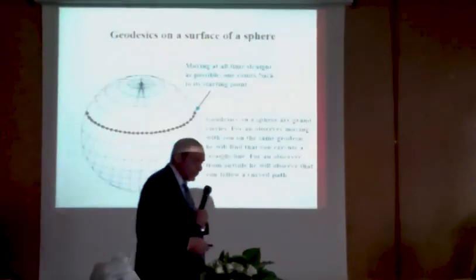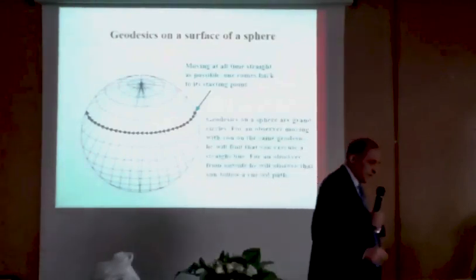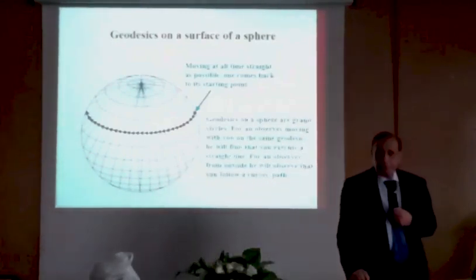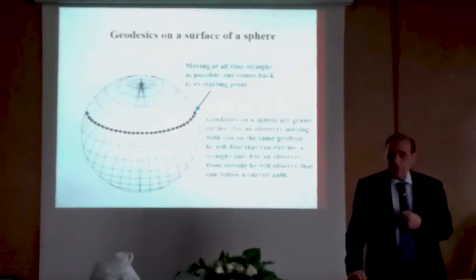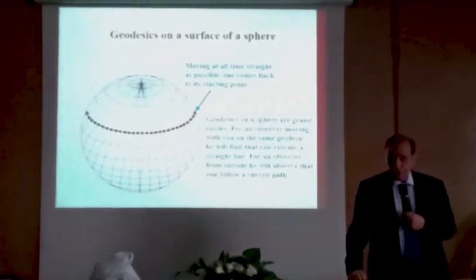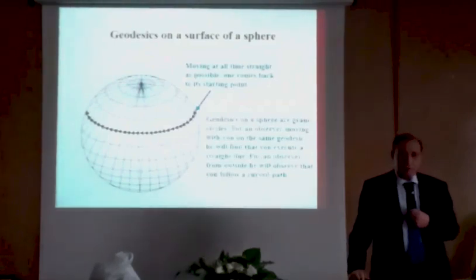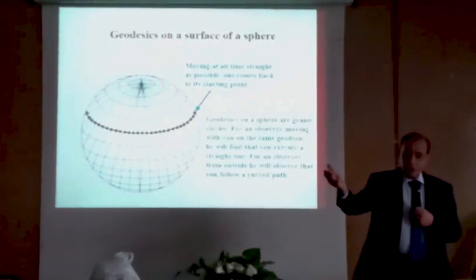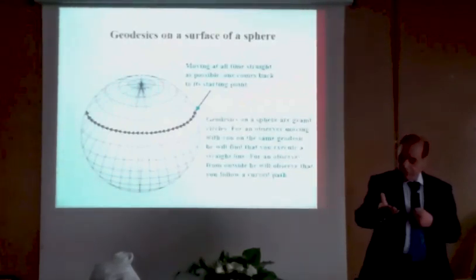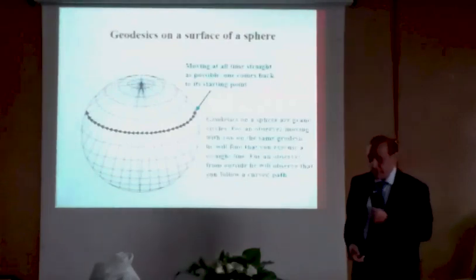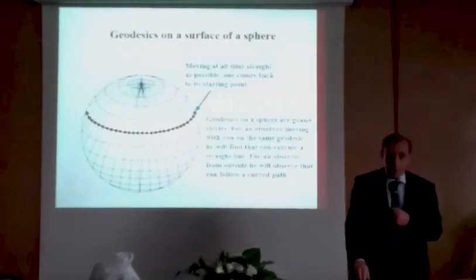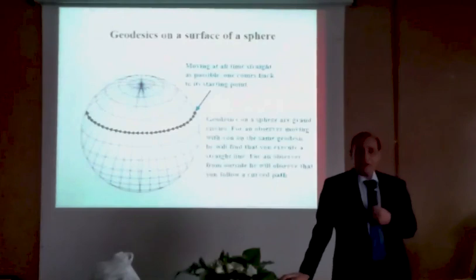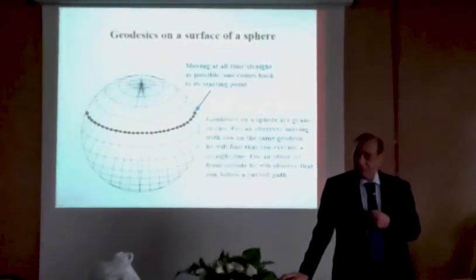Now I will go to another concept in general relativity, which is the geodesic. I think all of you heard about geodesics. What is a geodesic? The shortest distance between two points. If I have flat space-time, what is the shortest distance?